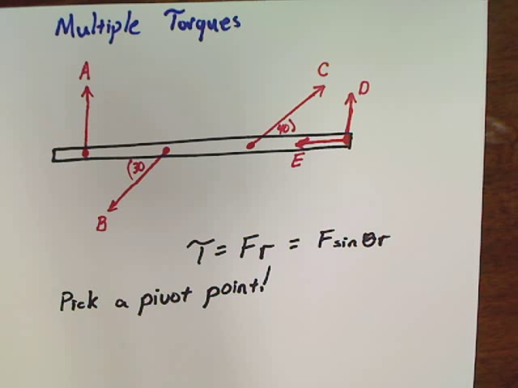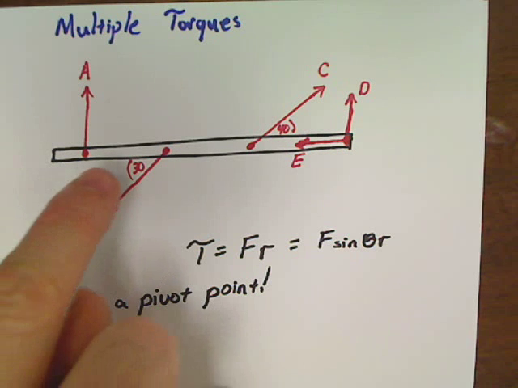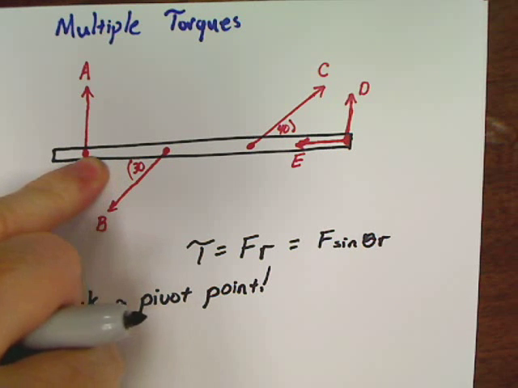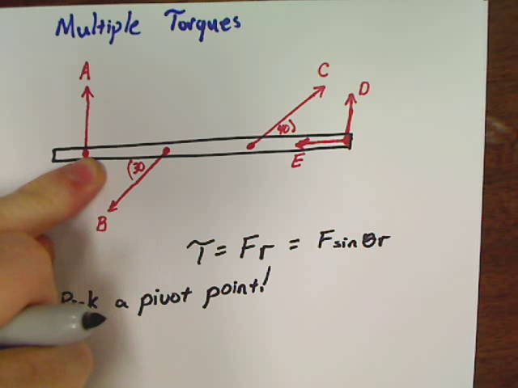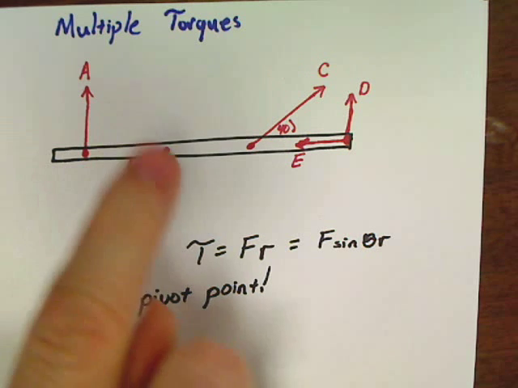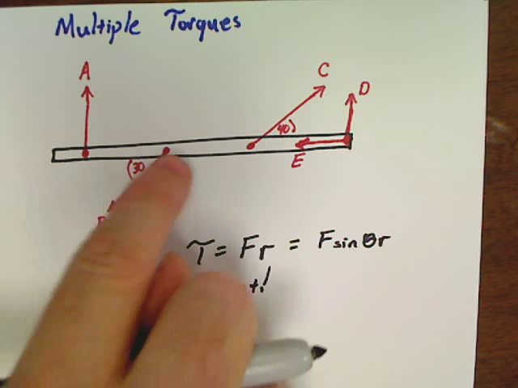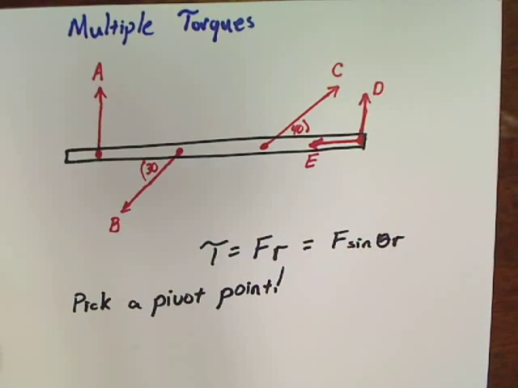In other words, you can just randomly say, I declare the point where A is to be my pivot point in the case of this problem. Or I declare that the point over here is to be my pivot point. So anyway, that gives you a little idea.